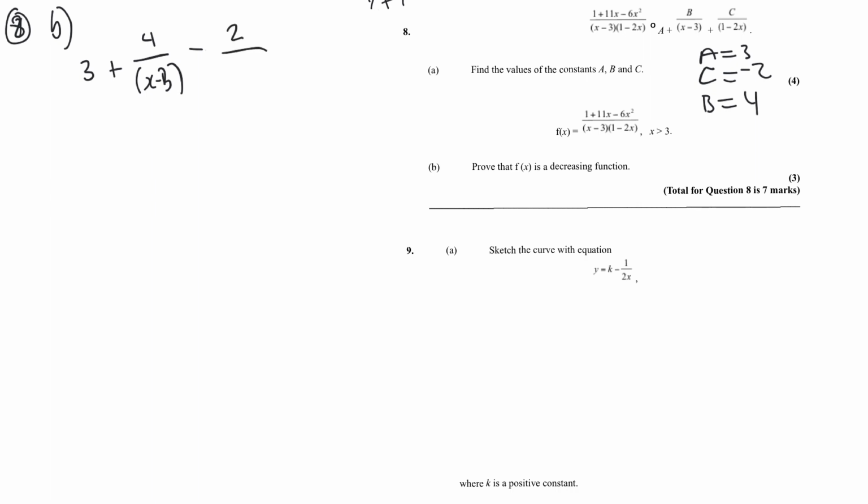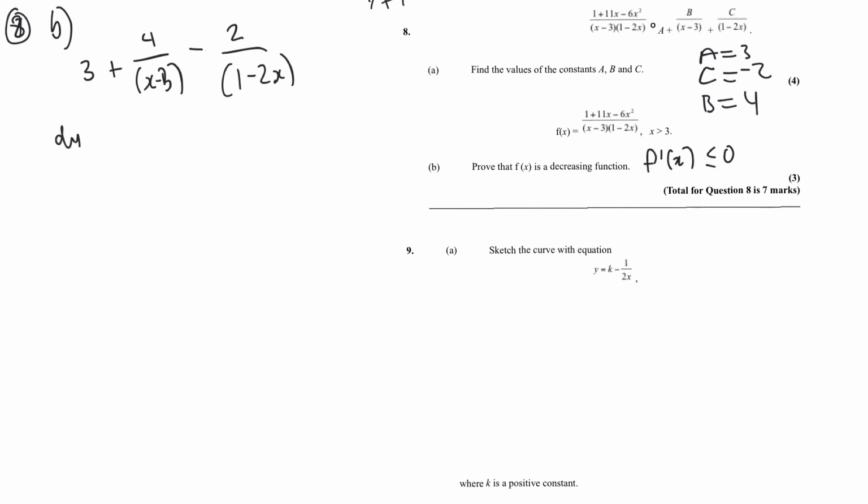So minus 2, 1 minus 2x. Okay, so when it comes to proving f of x is a decreasing function, we basically need to work out the differential and show that that is less than or equal to 0.